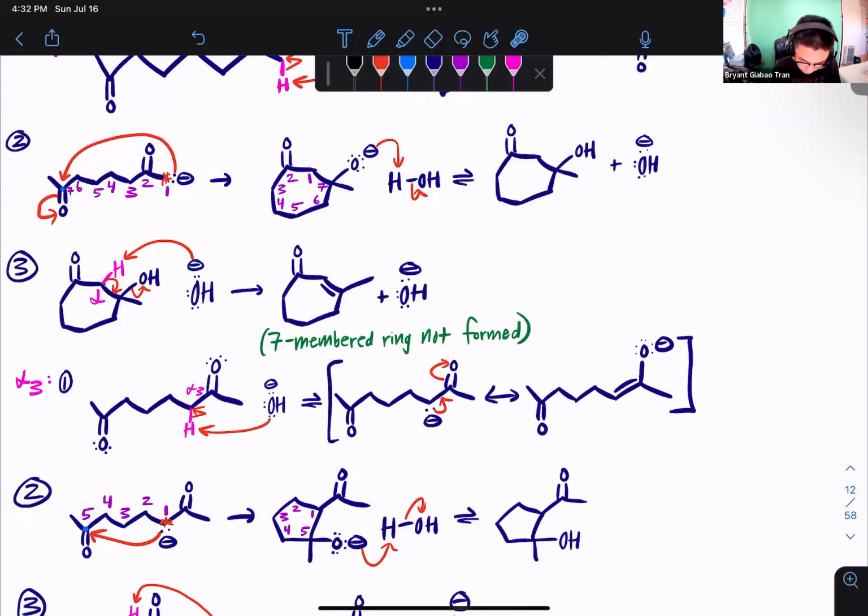For Claisen condensation, since we start with esters, we see that this ester cannot be the nucleophile because it has no alpha hydrogens. This ester here is a nucleophile because this alpha carbon has alpha hydrogens.